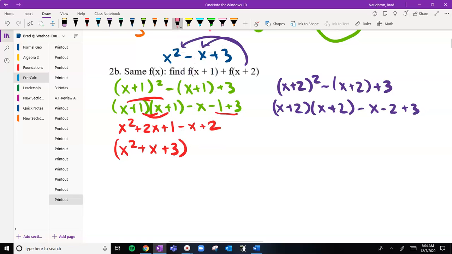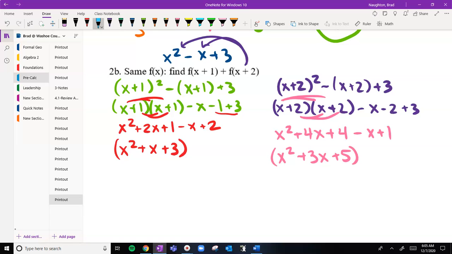So I could do first, outside, inside, last, and make this a lot easier. So this is going to be x squared plus 4x plus 4 minus x plus 1. And so when we combine like terms, x squared plus 3x, and then plus 5.